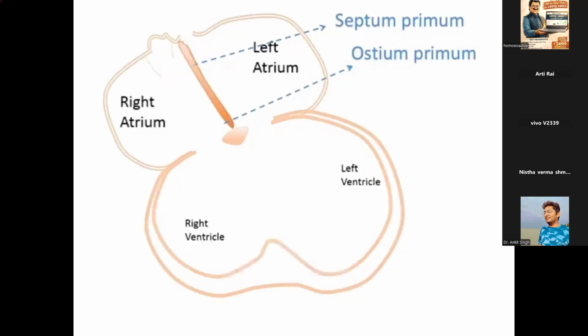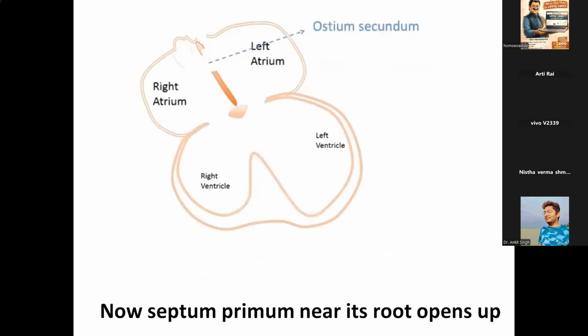We move further. Now what has happened? You see, the septum primum has completely developed and there is a vanishing of the ostium primum. Okay, the septum primum is completely developed and now there is no ostium primum. So first there was a septum primum followed by the ostium primum. Now there is no ostium primum. Okay. Now what happened from the upper portion?